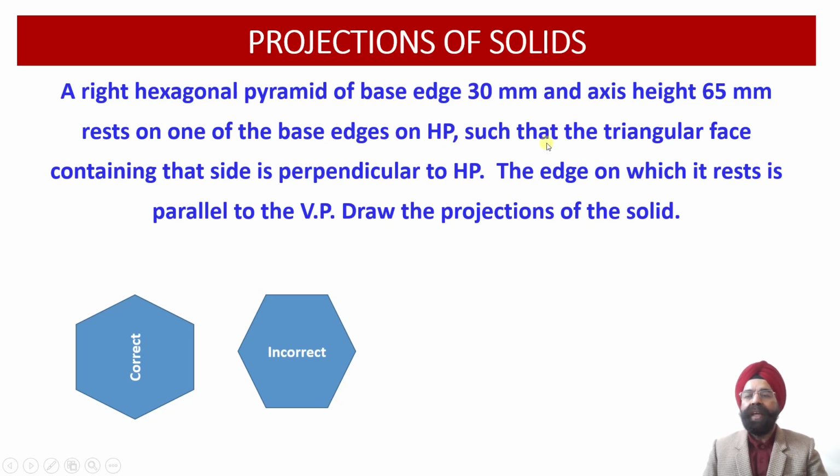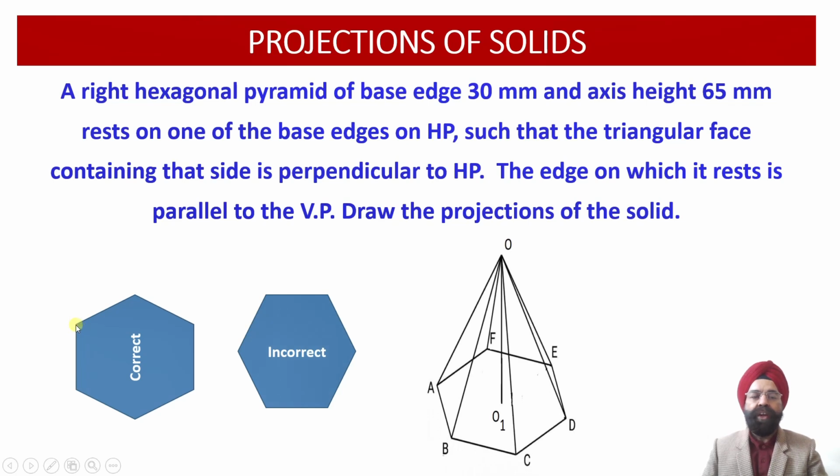And further, the triangular face which is containing the edge should be perpendicular to the horizontal plane. So this condition will also not be fulfilled by this particular orientation. So this orientation of the hexagonal pyramid onto the horizontal plane is incorrect.